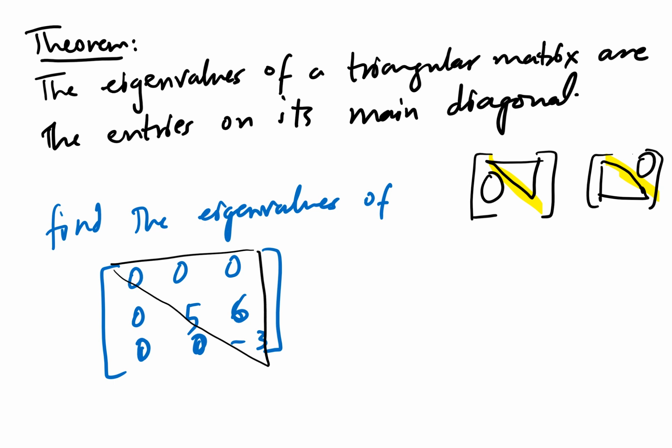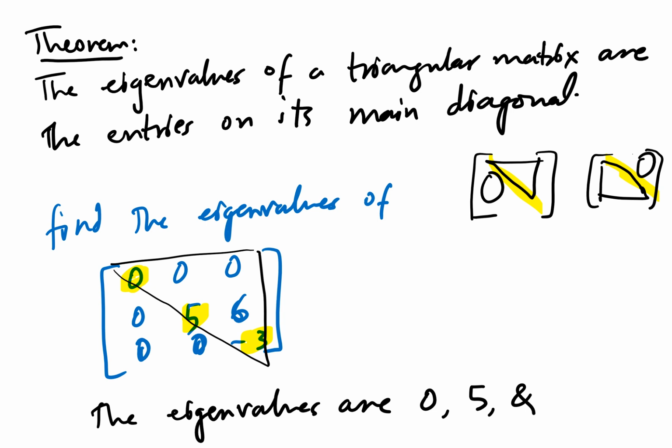Yes, it is. What are the entries on the main diagonal? This, this, and this. So the eigenvalues for this matrix are 0, 5, and -3. That's the easiest way to find the eigenvalues for triangular matrices. This is the easiest thing to do.